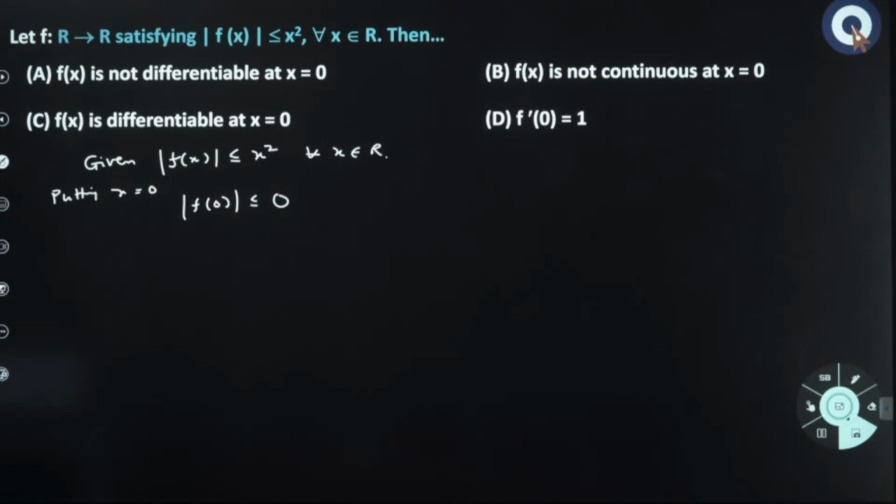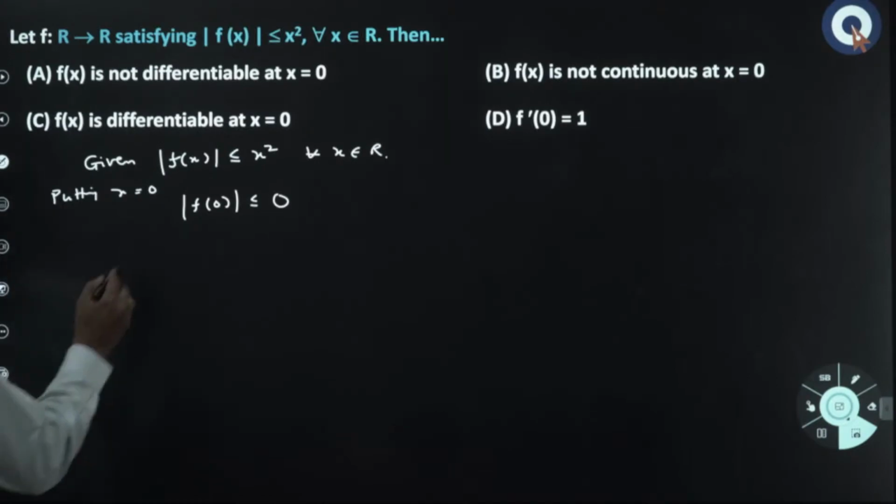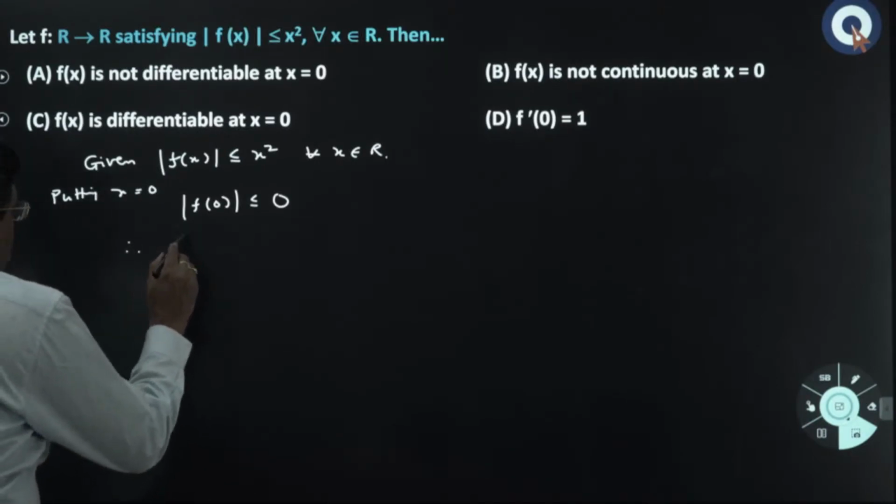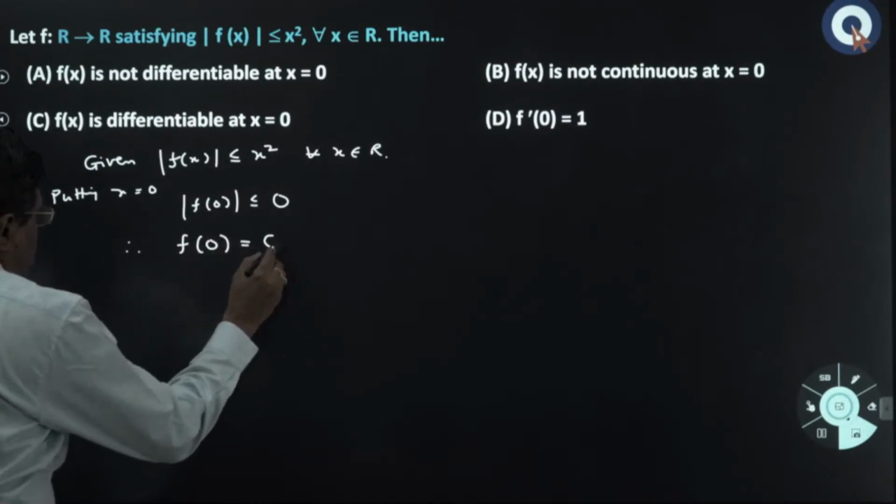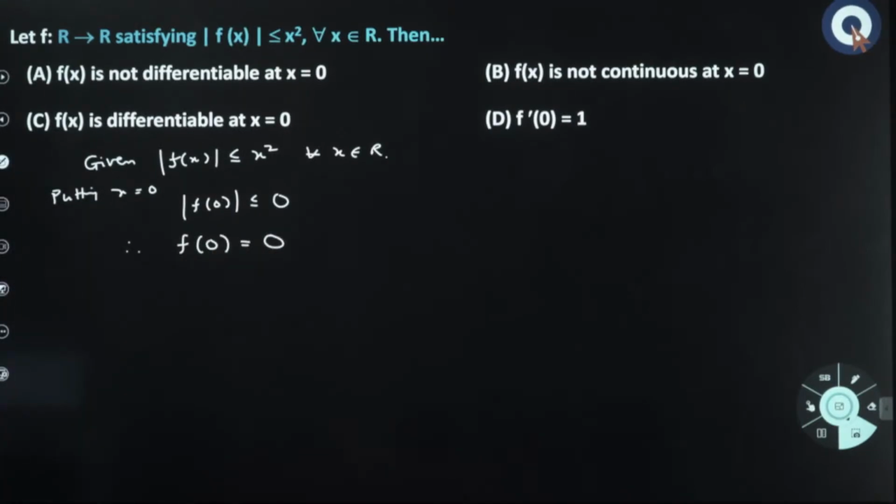It cannot be less than 0 because it's modulus, therefore f of 0 has to be equal to 0, right? Therefore, f of 0 is equal to 0.